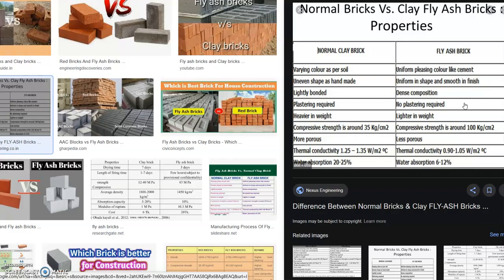That plastering is not needed for fly ash bricks, since they have a uniform surface, being fully made with machine molding and proper machine based manufacturing steps. That's the major difference between clay brick and fly ash brick.